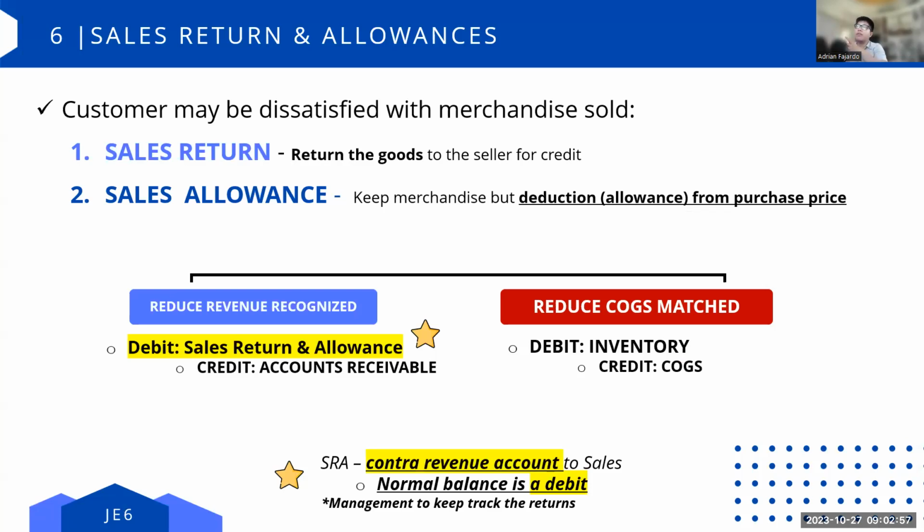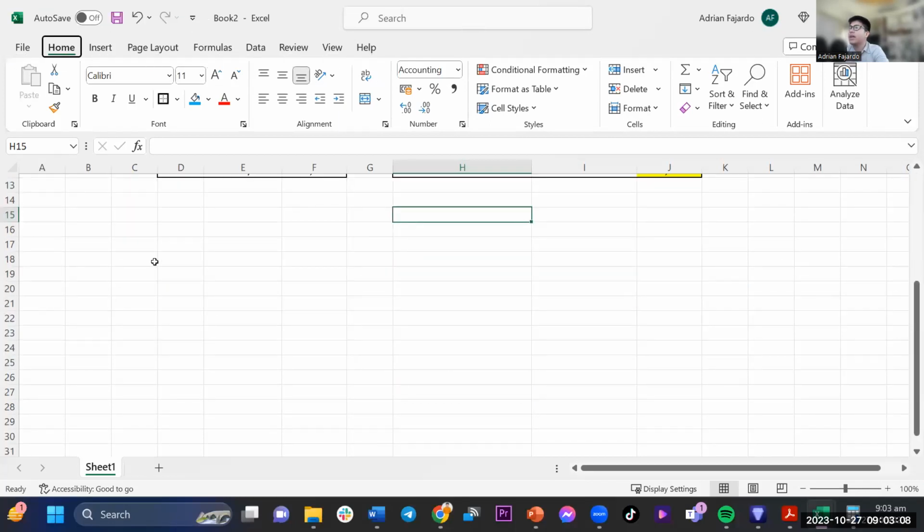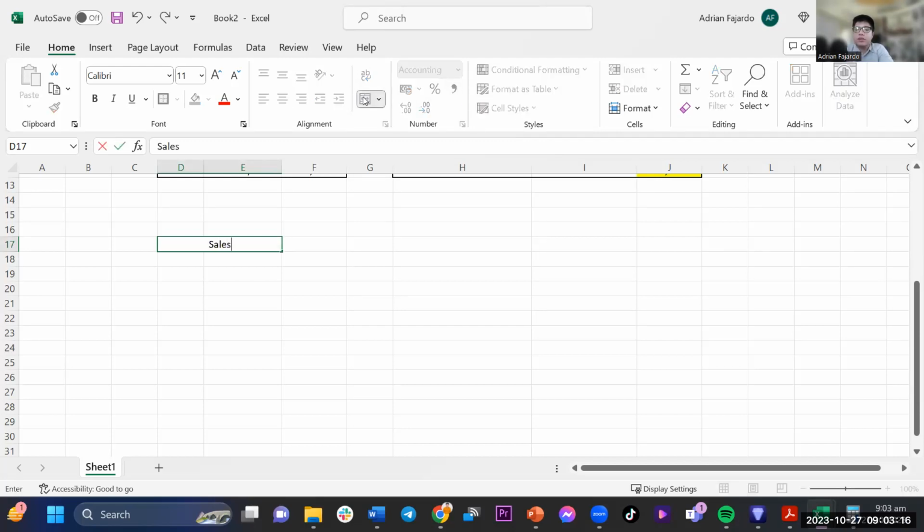May T account ka rin for sales returns and allowance. Pero yung normal balance ng sales return and allowance, if you have a T account, sales revenue, the normal balance of a T account ng revenue would be credit, right?